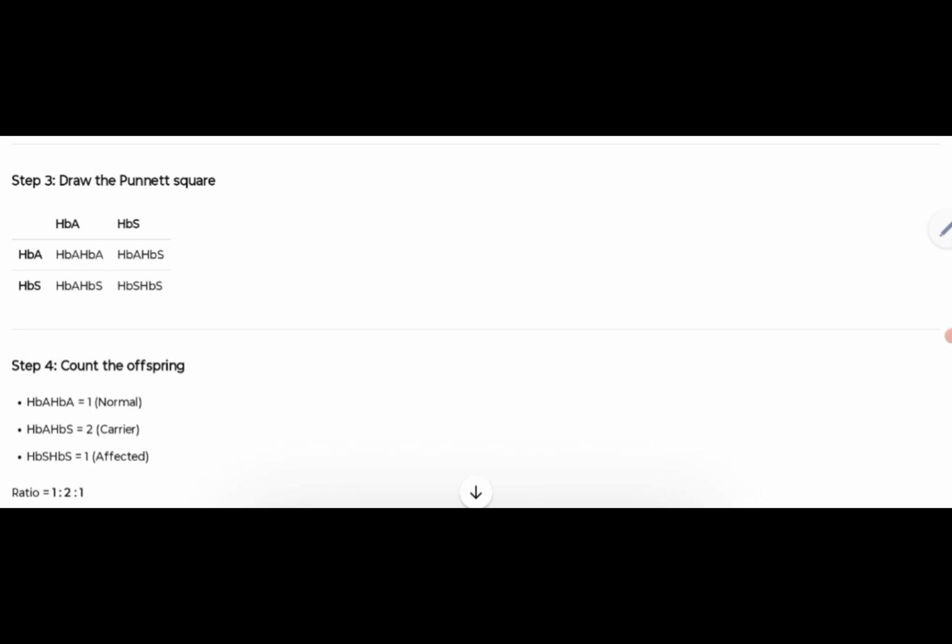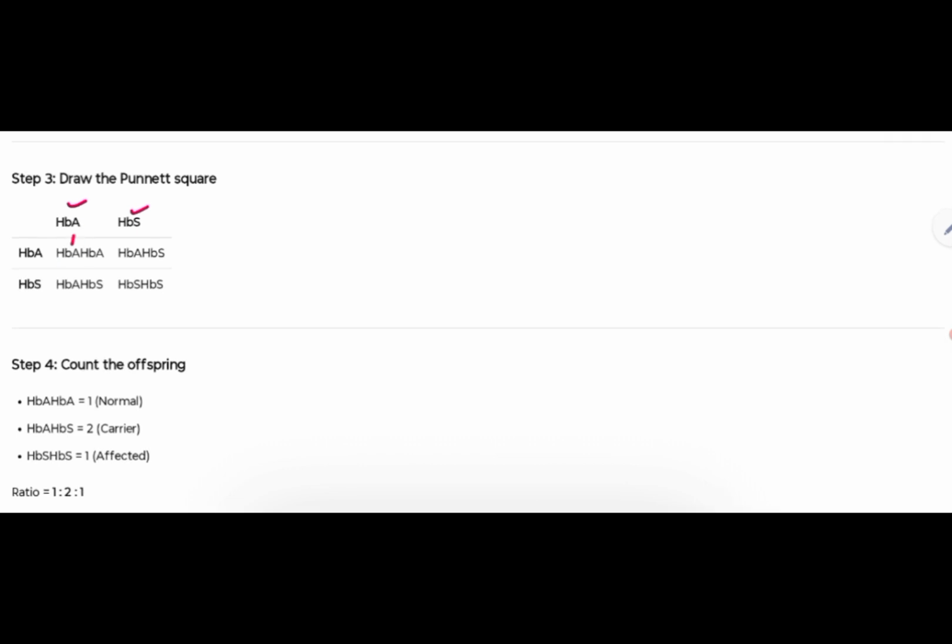Okay. Then the Punnett square, the alleles are HBA and HBS, and so the genotypes will be HBA-HBA, that is normal, right? And HBA-HBS, this is carrier, and here HBA-HBS, this is also what? Carrier, and this is HBS-HBS, diseased condition. Clear?